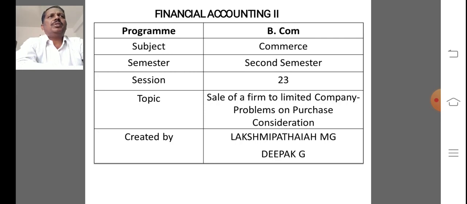Calculation of purchase consideration is the first step, ascertaining the form of discharge of PC is the second step, closing the books of the vendor firm is the third step, and passing incorporation and other journal entries in the books of the purchasing company and preparing the balance sheet is the fourth.